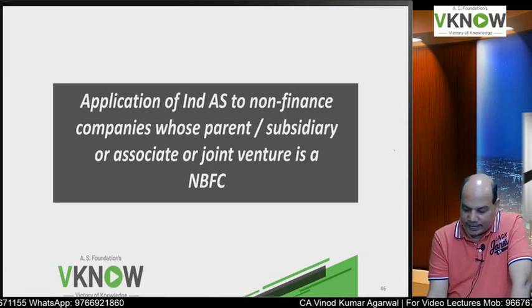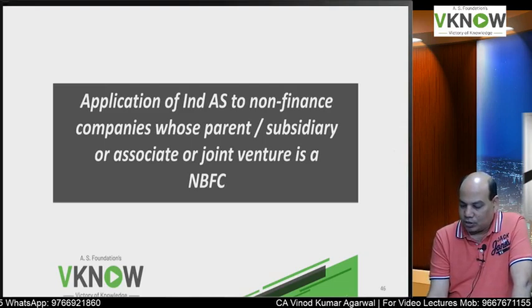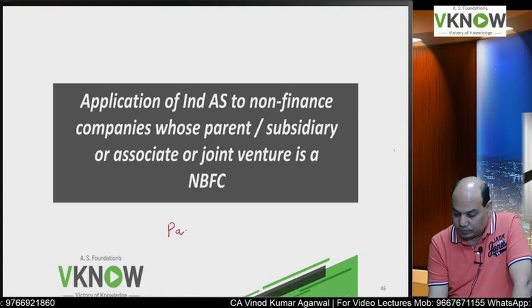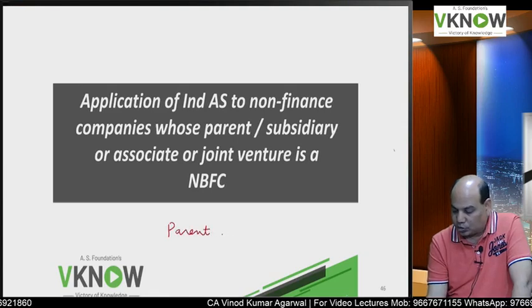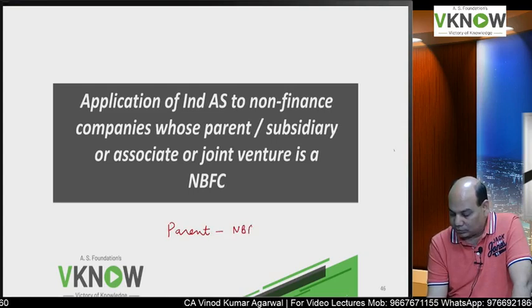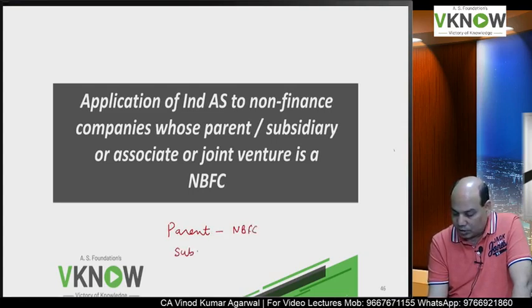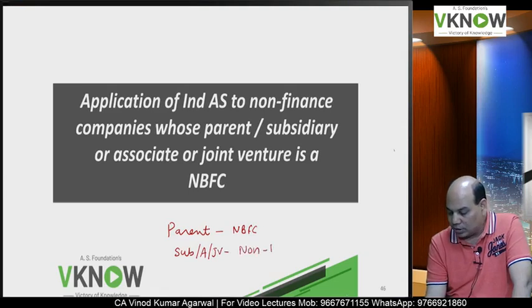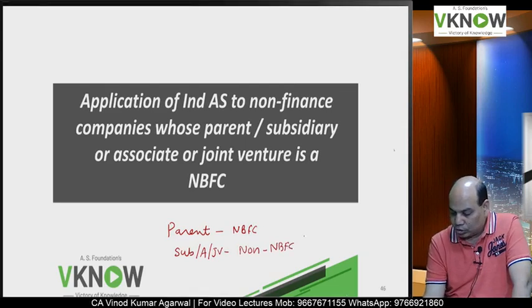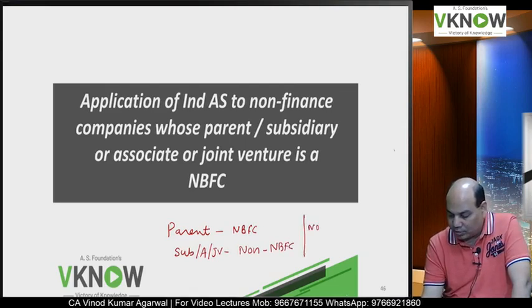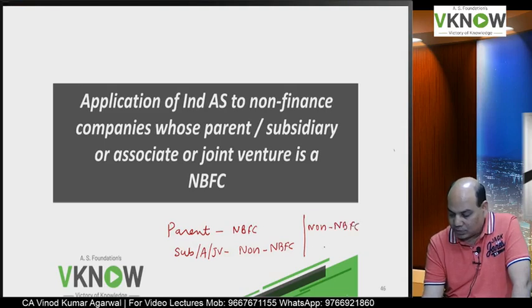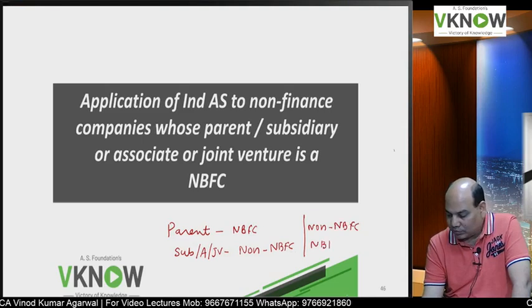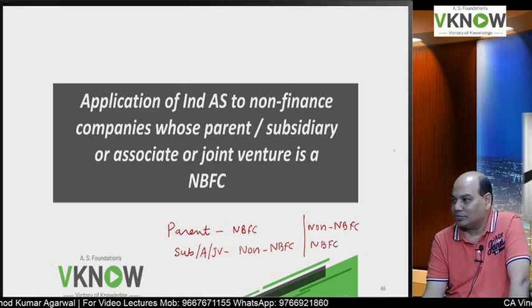Okay. So application of Ind AS to NBFC. Now understand that there can be a situation where the parent is an NBFC and the subsidiary, associate, joint venture can be non-NBFC, or there can be a situation where the parent can be non-NBFC but the subsidiary, associate, joint venture can be an NBFC.